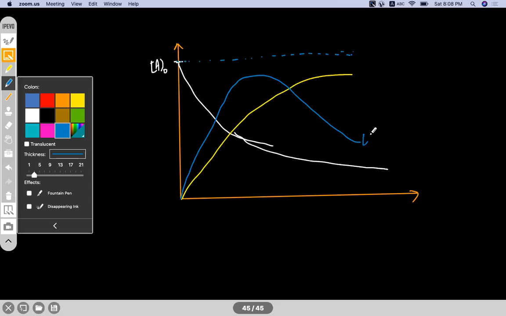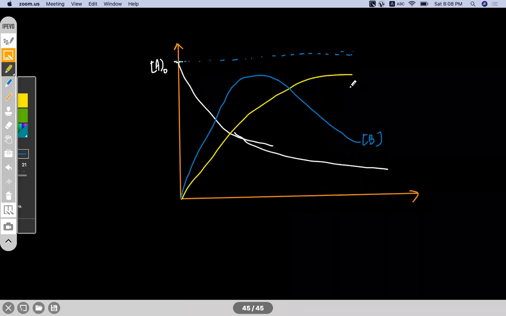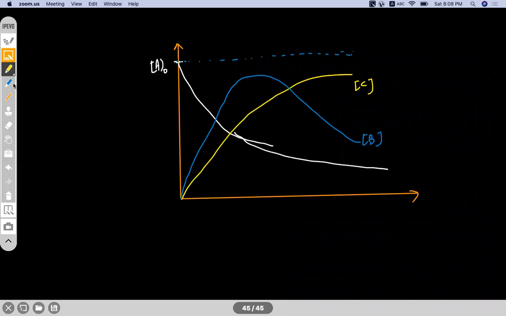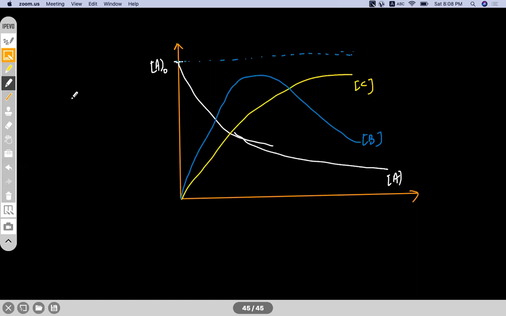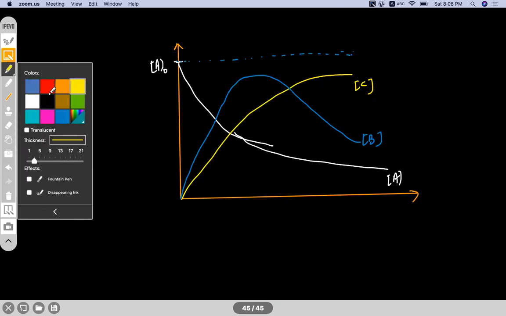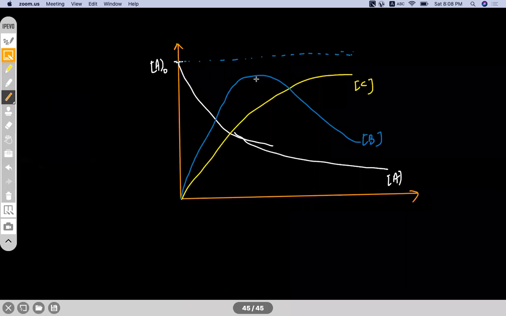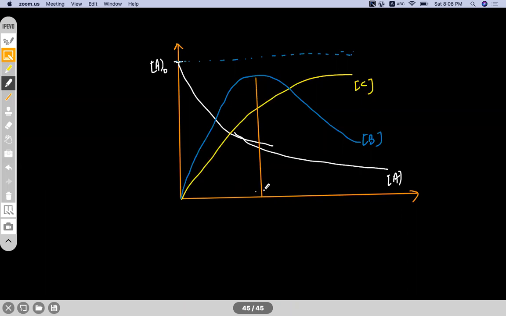The blue one is for B, yellow is for C, white is for A, which continuously decreases. The point at which the concentration of B becomes maximum, on the time axis, this T is equal to ln K2 by K1 divided by K2 minus K1, corresponding to this point.